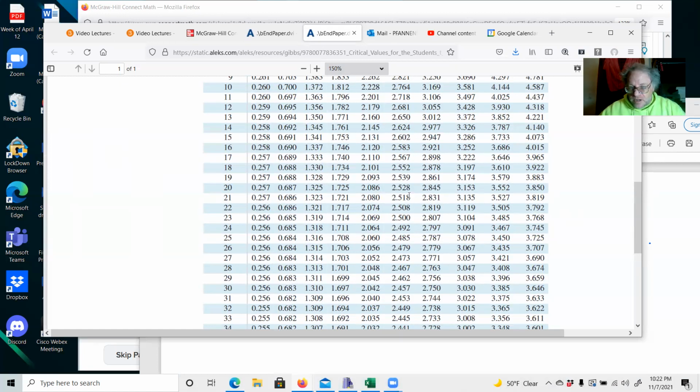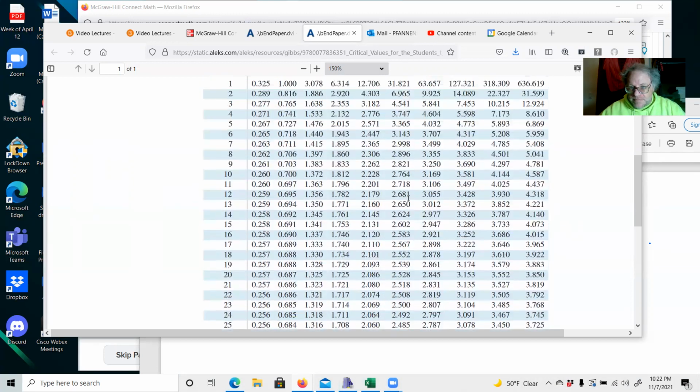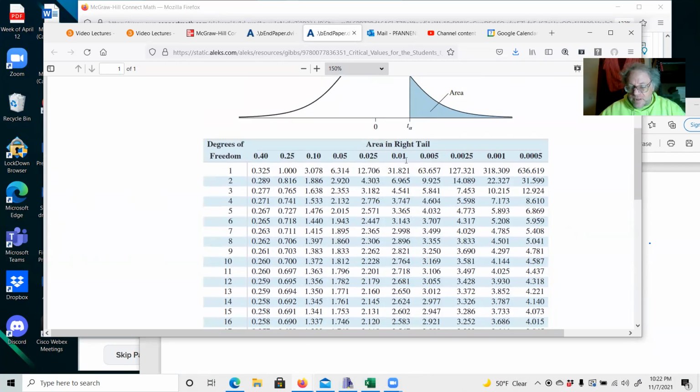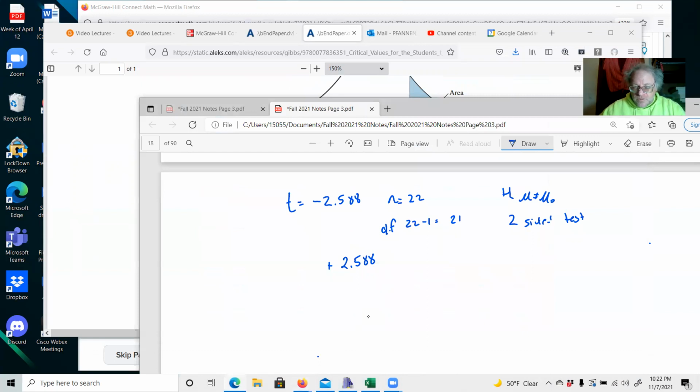So I'm going to go up, because the area in the right tail here is 0.01 to 0.005. So 0.01, 0.005, and my p-value is somewhere between these. My critical value is 2.588.